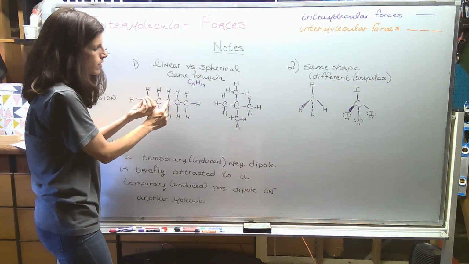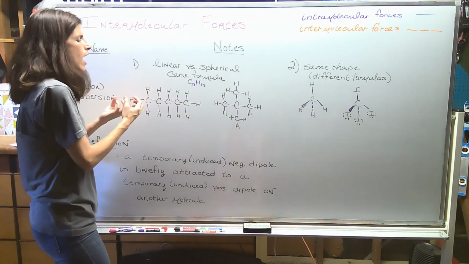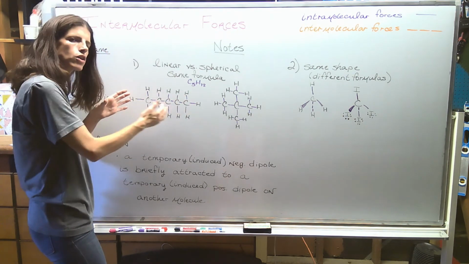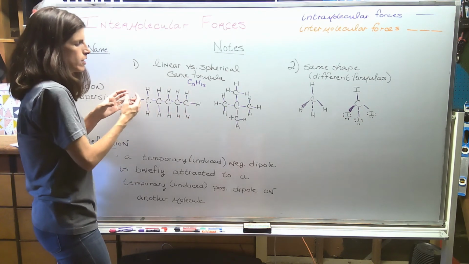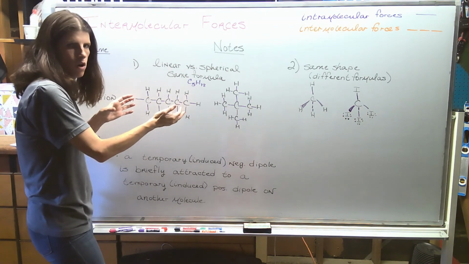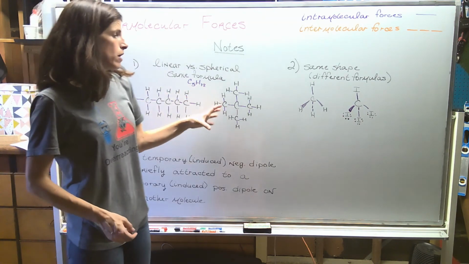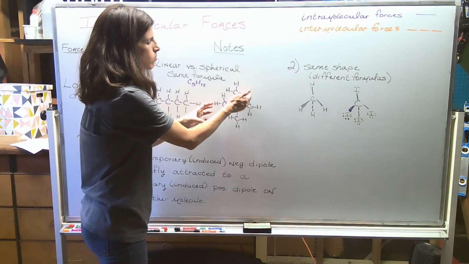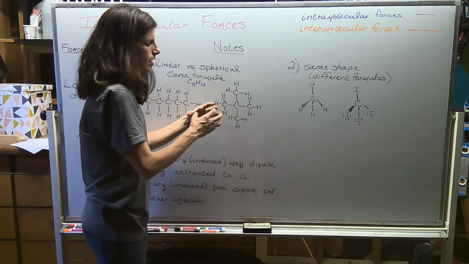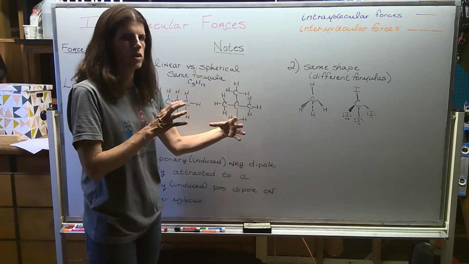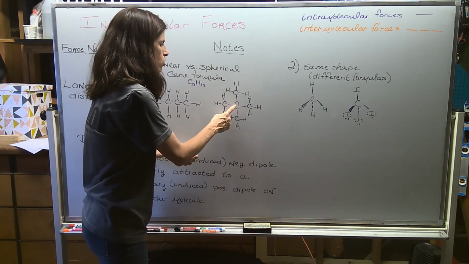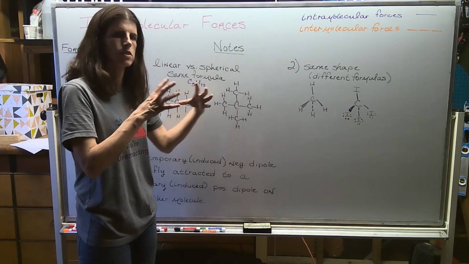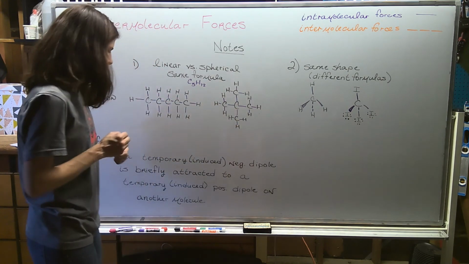All of these carbons are tetrahedral. However, overall, the molecule is very linear, right? We've connected them all in a row. Again, a bunch of tetrahedral carbons, but this time in this particular molecule, they've been connected to kind of form a ball or a sphere. So we have this central carbon and then all the carbons coming off of that.